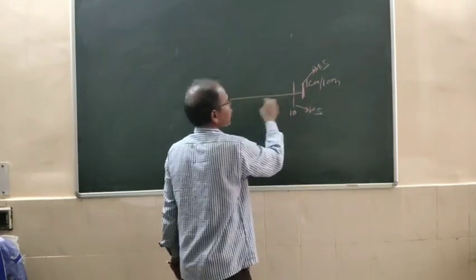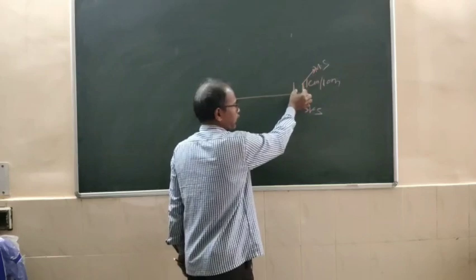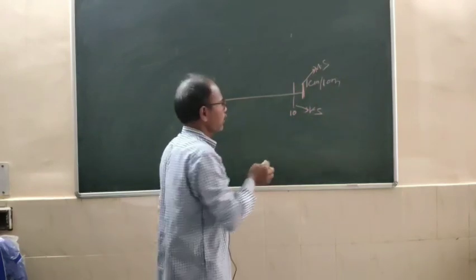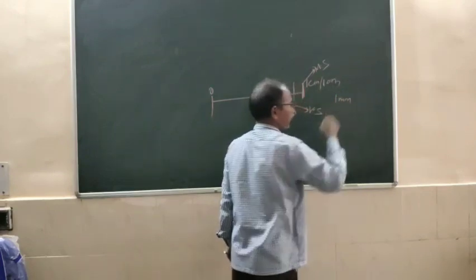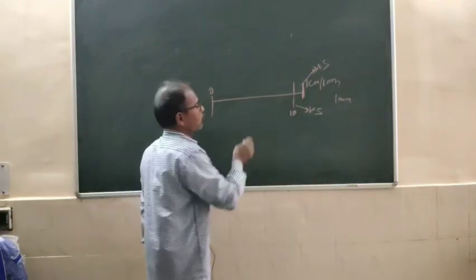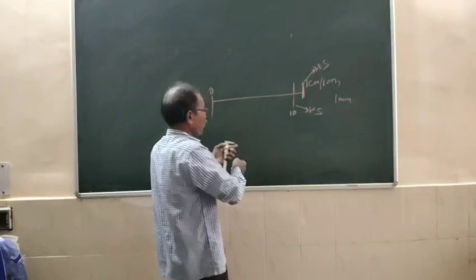Every division of the main scale is equal to 1 mm.